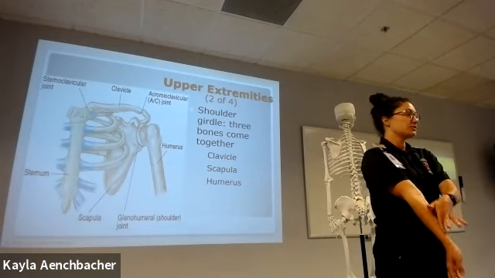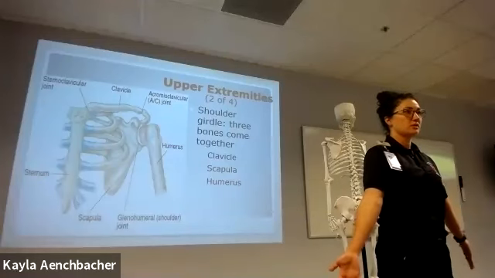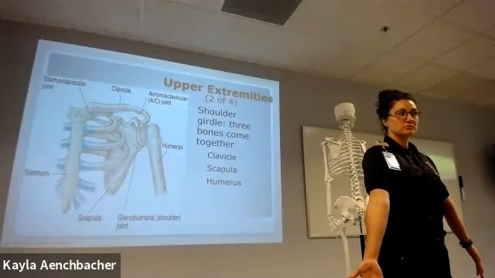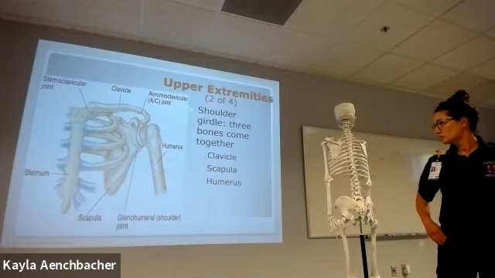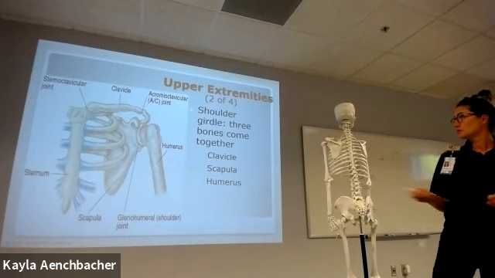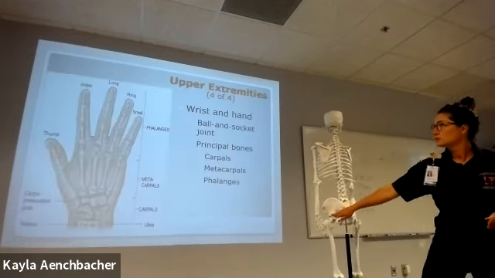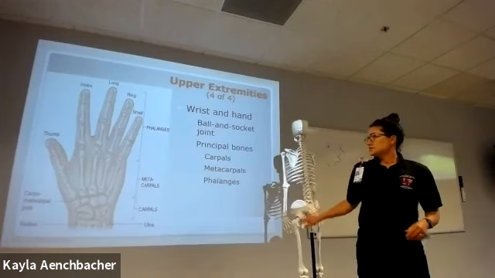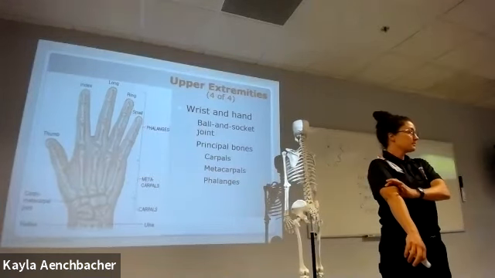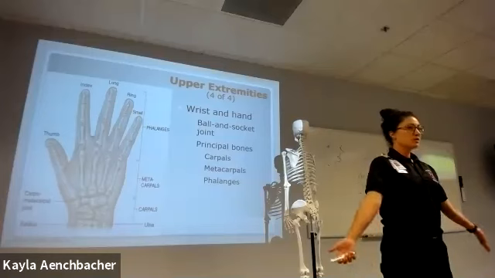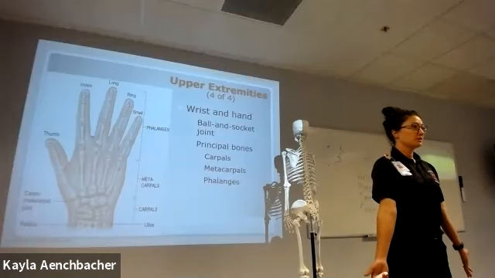It runs alongside your radial bone, the thumb side. All right, so is everybody good with the humerus, your elbow joint, your ulna, and your radius?